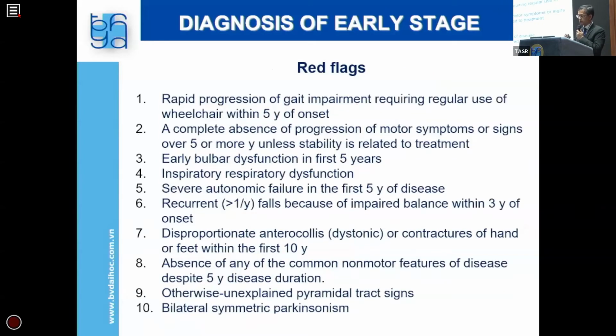And we also check the red flags. These are 10 red flags. So we must use a checklist to rule out the red flags when we examine the patient with Parkinson's disease for the clinically established diagnosis.